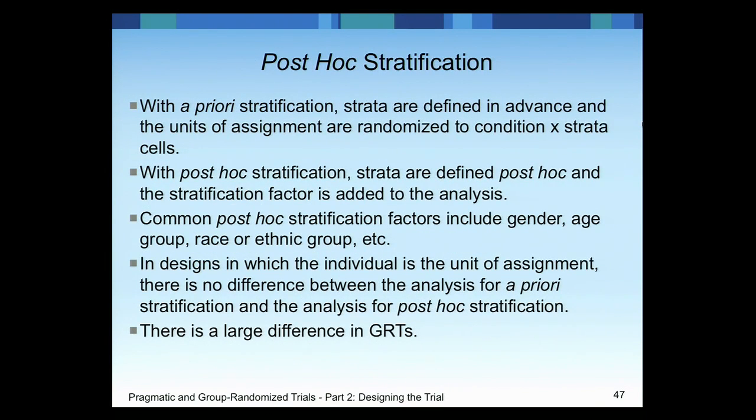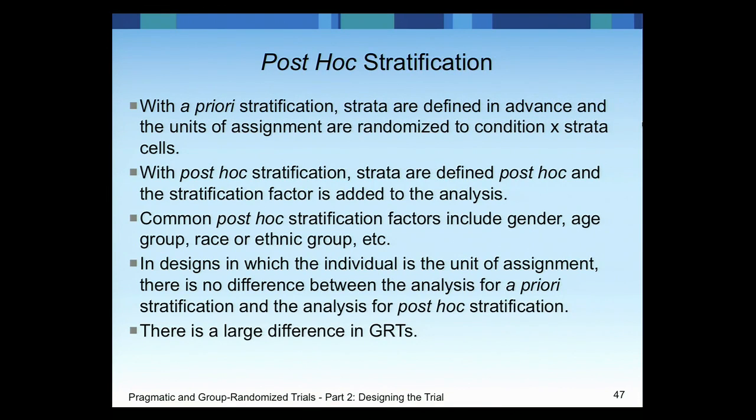Just a few comments about post-hoc stratification. With a priori stratification, we're defining the strata in advance, and then we randomize from within those strata. With post-hoc stratification, the strata are defined post-hoc, and the stratification factor is added to the analysis.